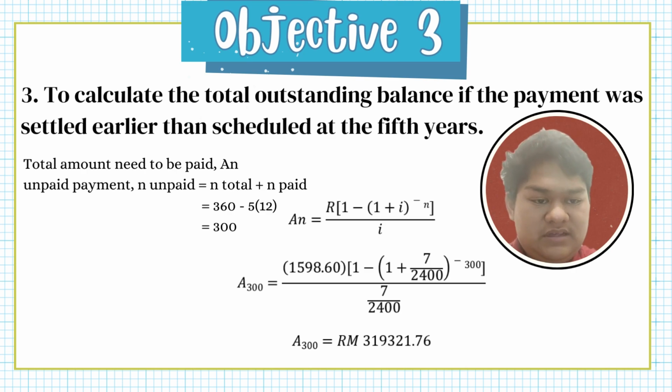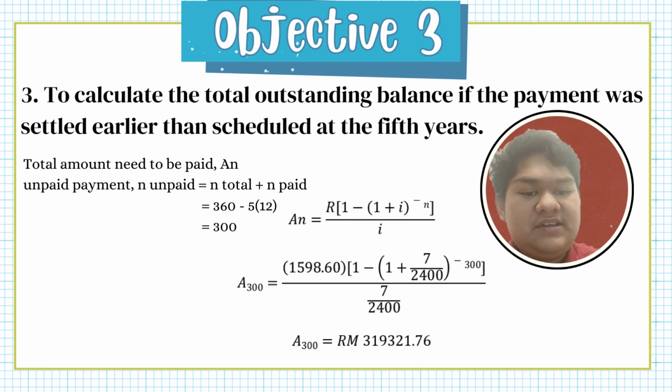A300 is equal to 390,321 ringgit 76 cents.